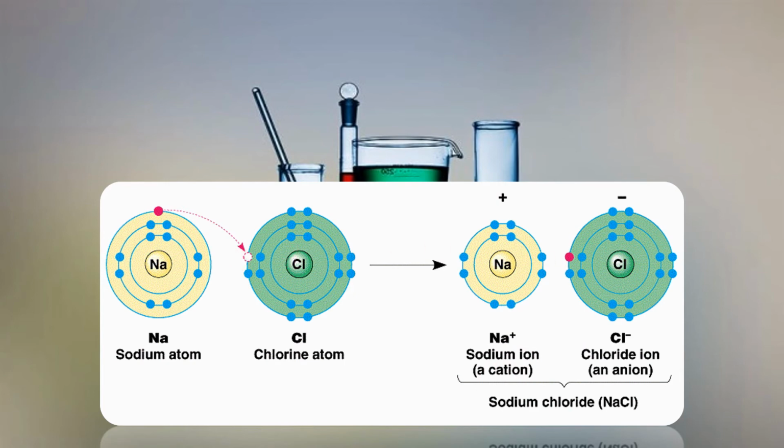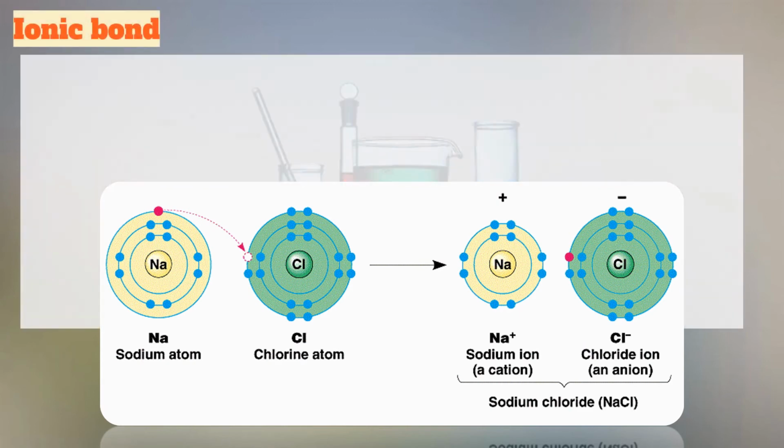You know that the number of protons and electrons are equal, and if you add one more negative charge, the balance is disturbed and chlorine gets a negative charge, and a negative ion is called an anion. So sodium ion and chloride ion are attracted towards each other, and because of this a bond is formed which is called the ionic bond.